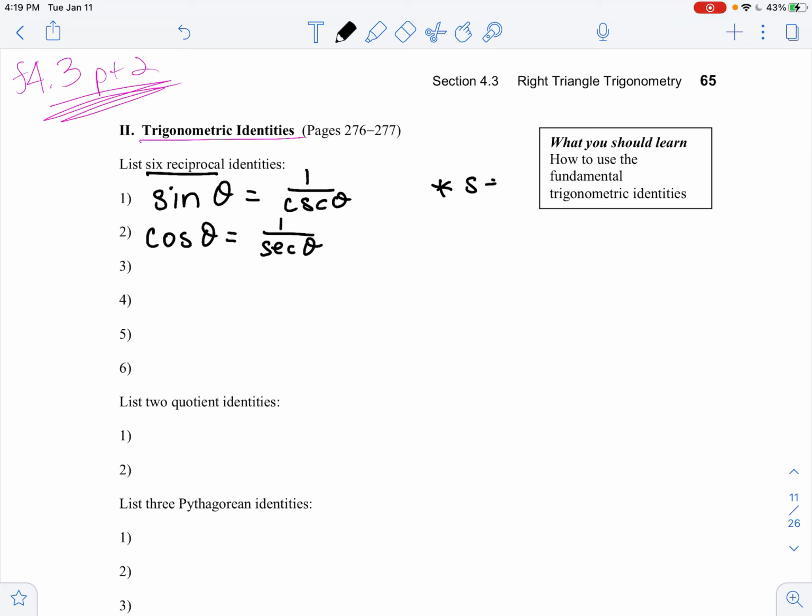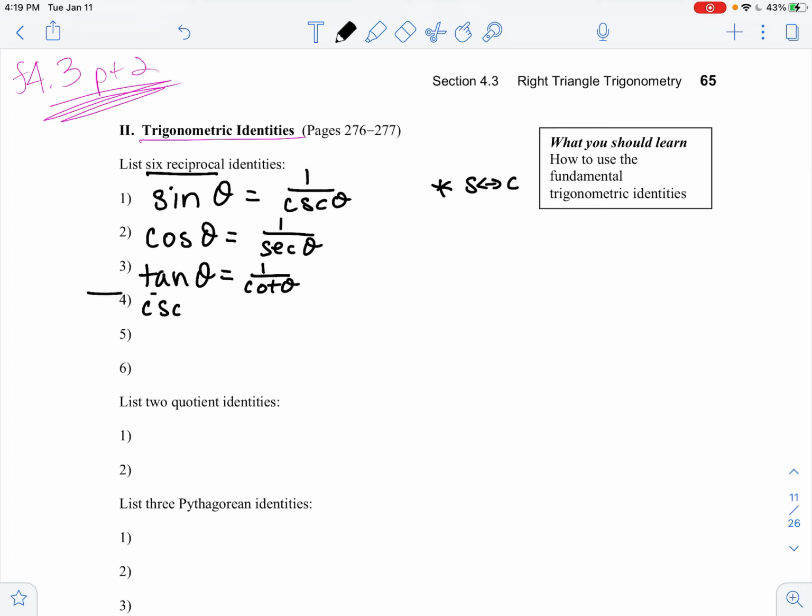Remember, S goes with C and C goes with S, never together, meaning sine and cosecant are reciprocals and cosine and secant are reciprocals. Tangent is equivalent to 1 over cotangent.